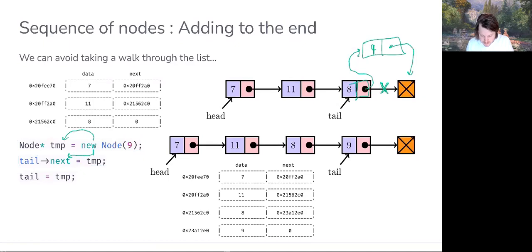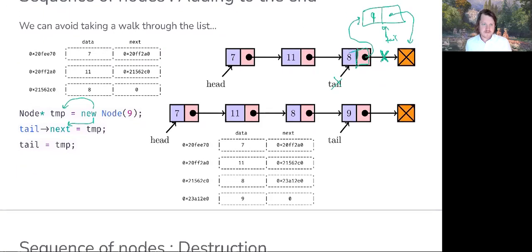That relationship is now disrupted upon the assignment. And then the last thing for us to do is go ahead and point tail to the new tail. This is where that additional accounting comes in because we have to ensure that tail is always pointing to the last node in our sequence and head always to the first.